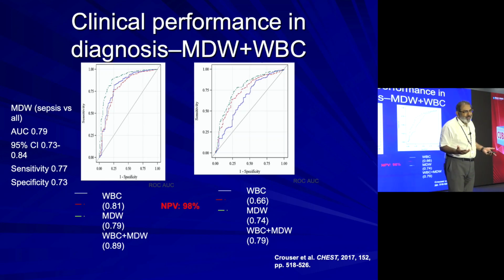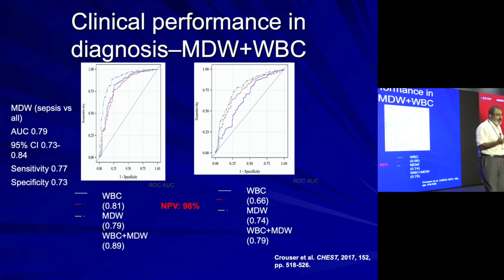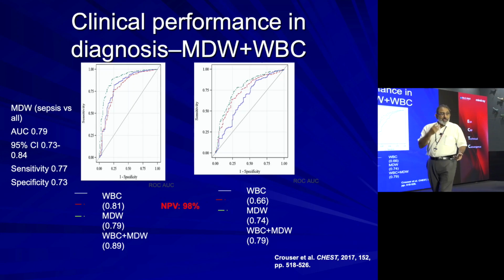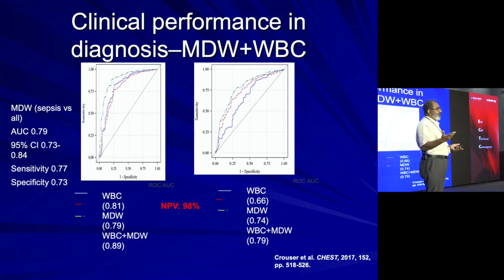It's not a true parameter, it's a pseudo parameter. For a morphologist like me, when somebody markets a pseudo parameter, what's my job? Kill it. It may be helpful, but it is not monocyte distribution width. It is pseudomonocytosis. You can't have a parameter using a pseudo marker.